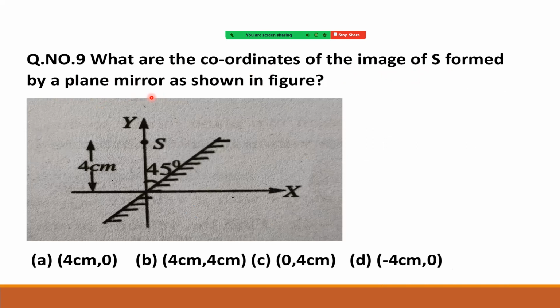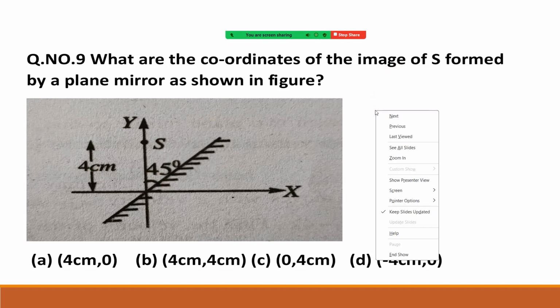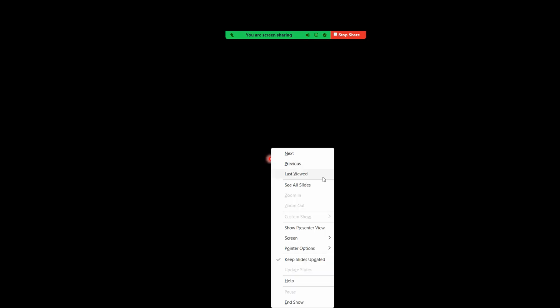So we are given here an object that is on y-axis. Distance given is 4 centimeter, and this mirror makes angle 45. And we have to get coordinates of the image. See carefully. First make the diagram.